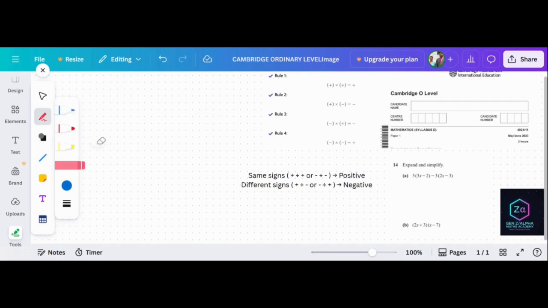When we are multiplying a plus number with a plus number, a plus number with a minus number, or a minus number into a plus number, we have to remember the sign convention first, before moving to that question, because it is very important.